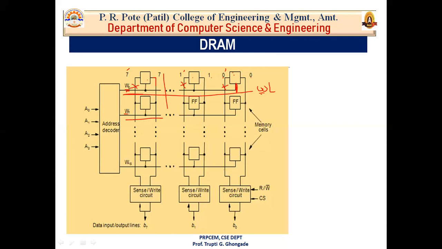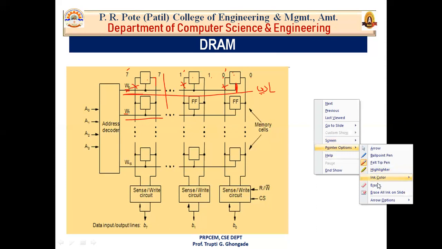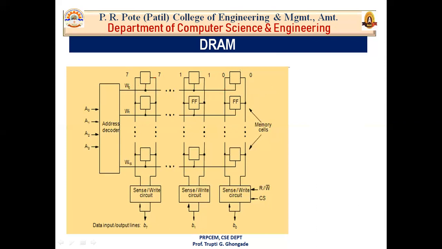Now let me erase this all. Now looking at the columns, these are the columns. All these cells are connected to a sense amplifier circuit. We don't have this complementary bit line in dynamic RAM.